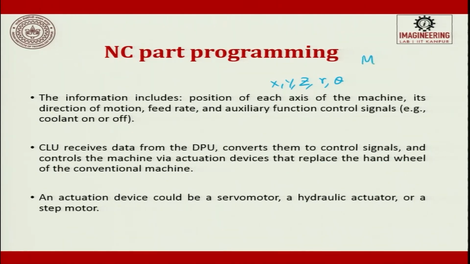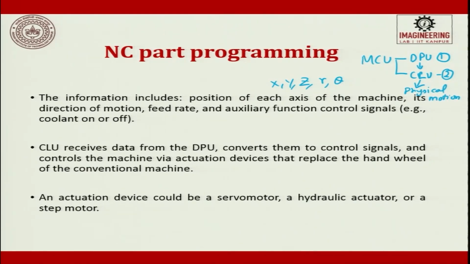So it is very clear, the MCU first has two parts, the DPU does its first operation and then it gives to the CLU, this will be the second. This is going to convert into physical motion.